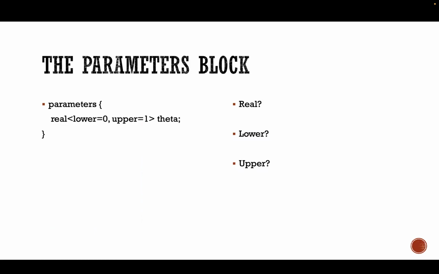It has a lower of 0 and an upper of 1. If suddenly the model is trying to estimate a theta that's 3, it will throw an error. It will tell us, with the initial values that I have, I'm generating thetas that are not valid. Go and check.